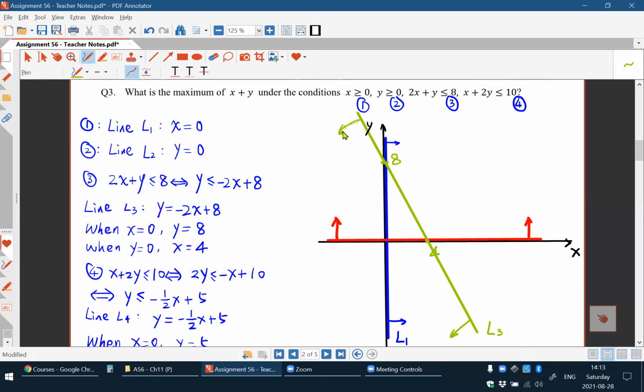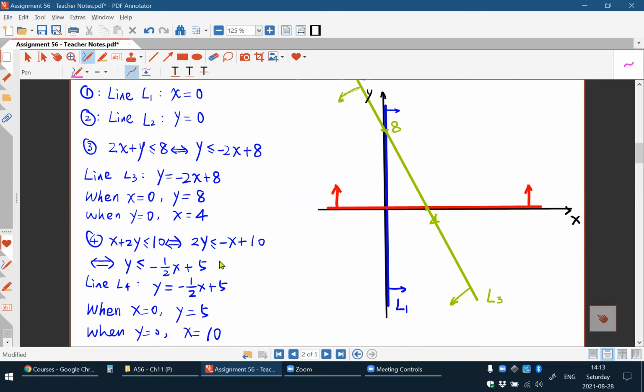Okay, number 4. A line that crosses 2 points, (0, 5) is here, and (10, 0) here.